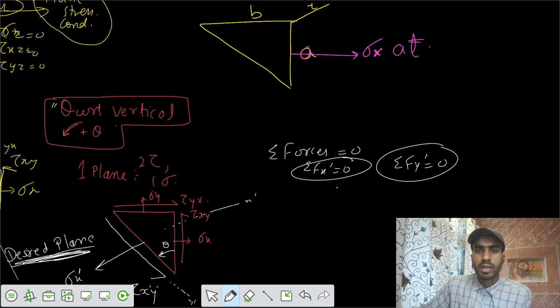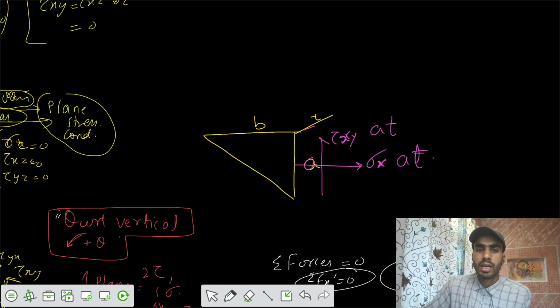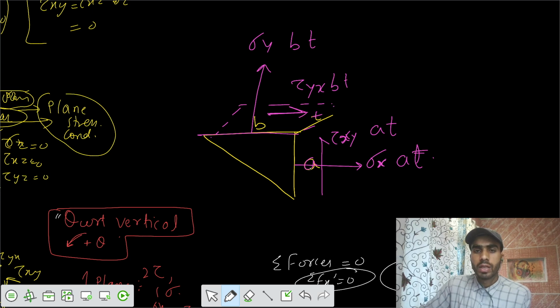Similarly, tau xy acts on this plane, area a into t. Similarly, we have normal stress sigma y acting on this length b and thickness t. Similarly, tau yx acts on this area b into t.